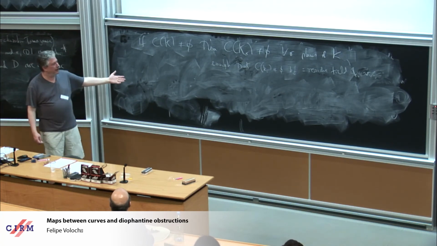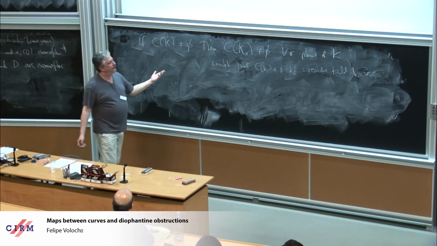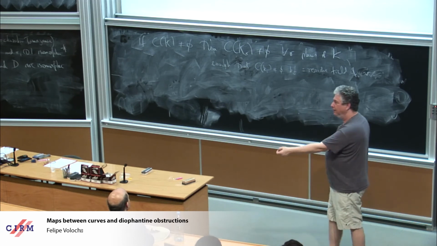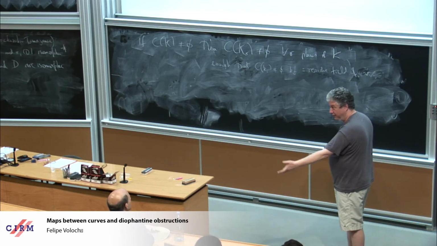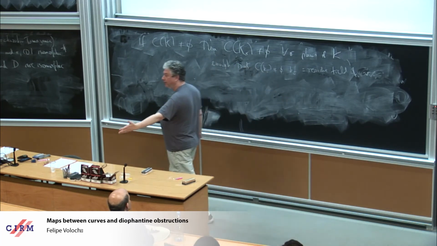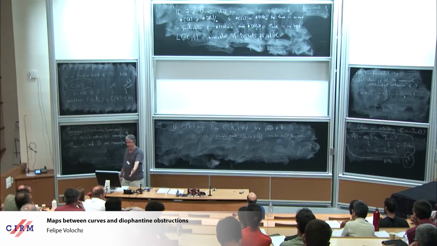Because it may not be that. If D has a rational point, you have to require that C have a rational point. That's enough. If D doesn't have a rational point, but say has a quadratic point, then you want C to have a quadratic point as well.